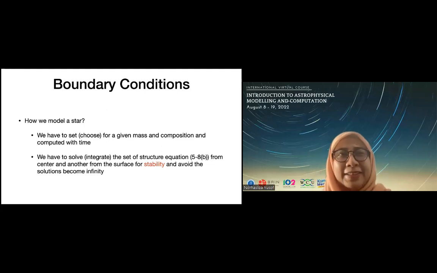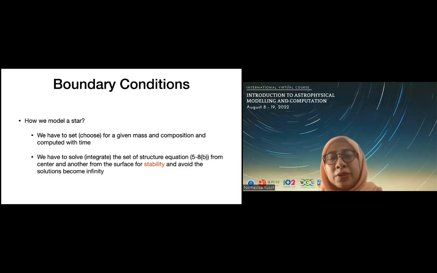You can ask why we have to do it both ways, why we don't just integrate directly from the center to the surface and get the result. The reason is stability. The nature of the differential equation itself is not stable enough when we want to solve by direct integration. Direct integration means that we integrate from 0 to r, for example.